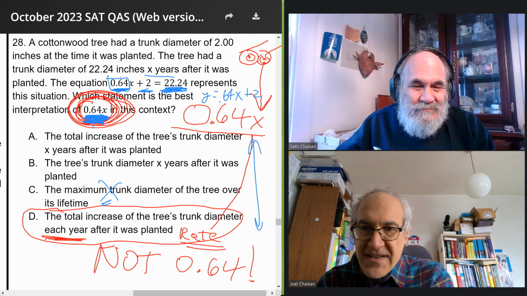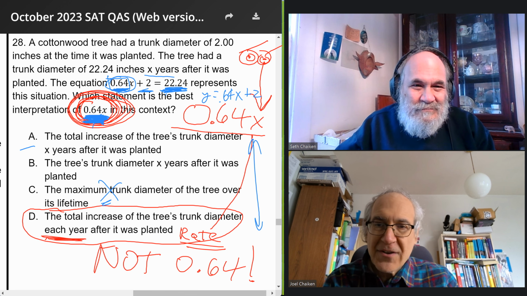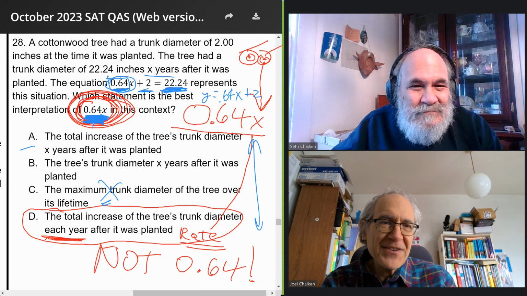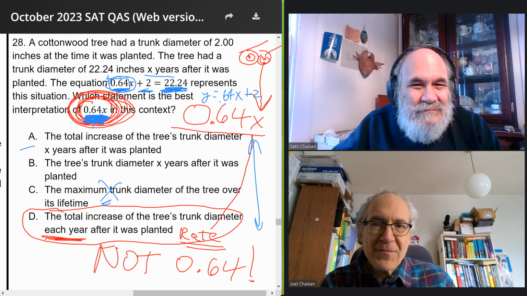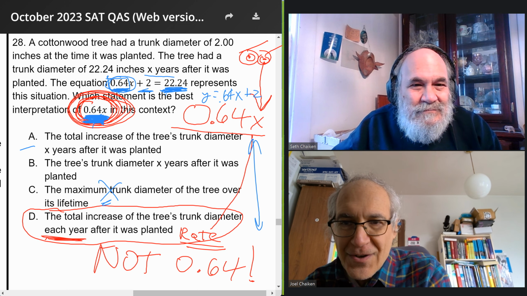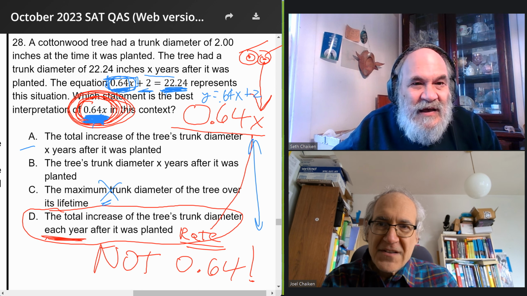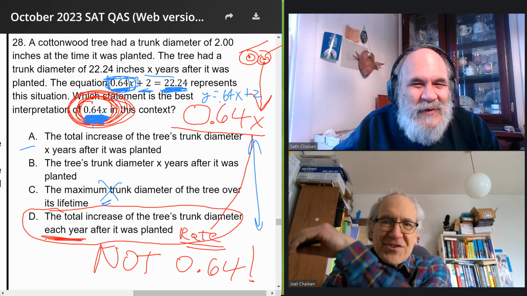The difference is this whole term, and that is the total increase in the tree's trunk diameter X years after it was planted. And in terms of linear growth, it's irrelevant that it's linear growth, because they could have put anything in here. So it's not even a question about linear growth.